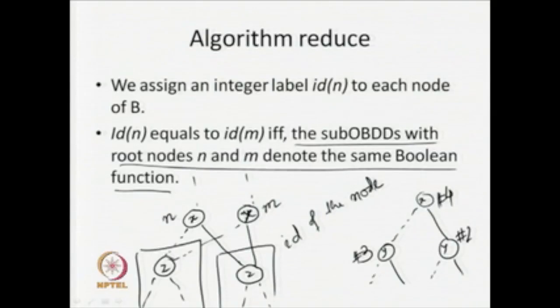That means both these nodes are evaluating the same sub formula for value x equal to 0 and x equal to 1. So, in that case, we are going to give the same label or ID to the nodes n and m. So, if they are going to have the same sub BDDs, then their label will be the same. This is the rule to assign the label to each and every node.